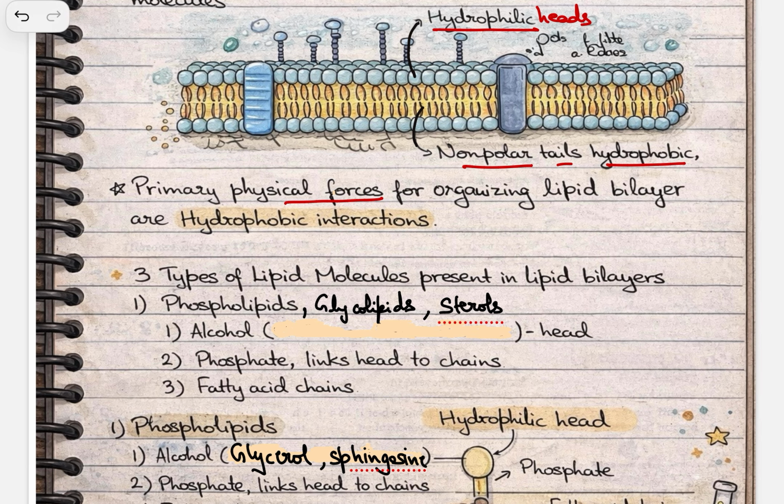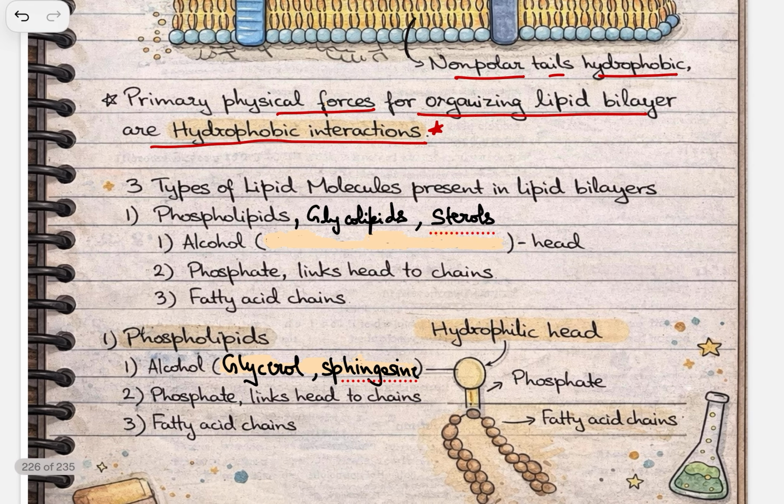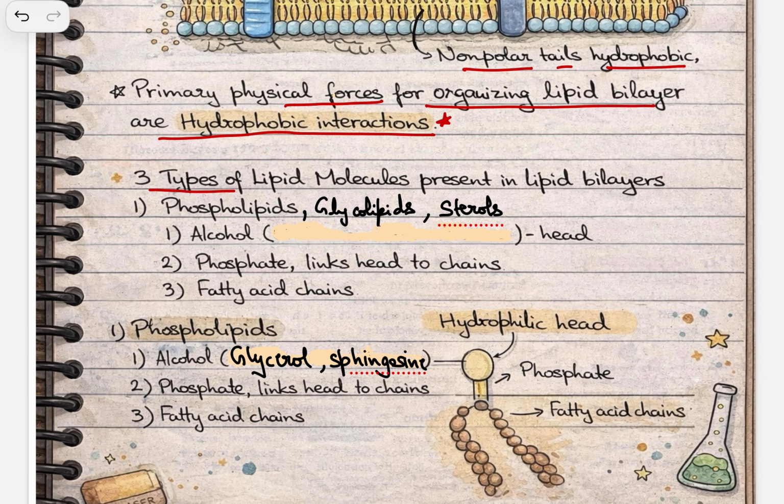The primary physical forces for organizing lipid bilayers are hydrophobic interactions, very important. So there are three types of lipid molecules present in the lipid bilayers: phospholipids, glycolipids and sterols.